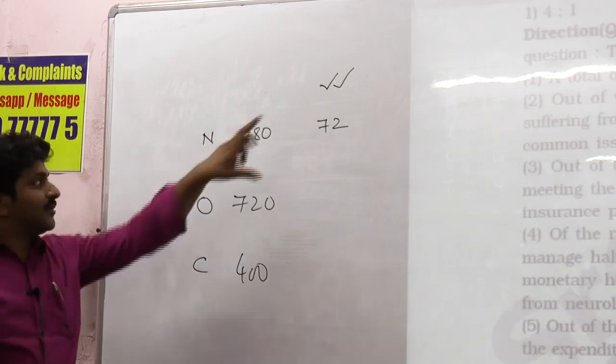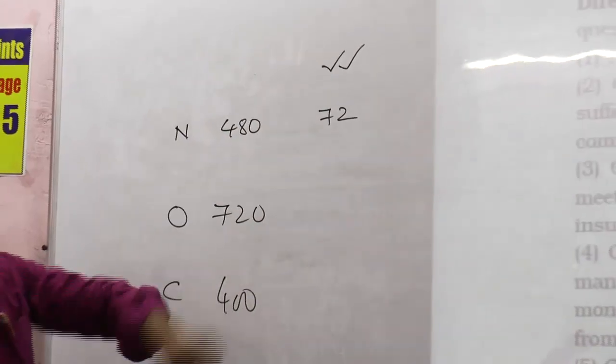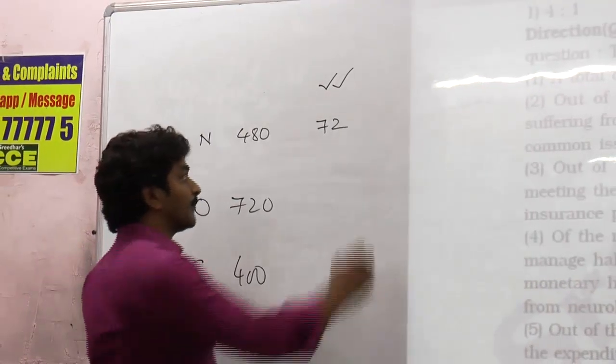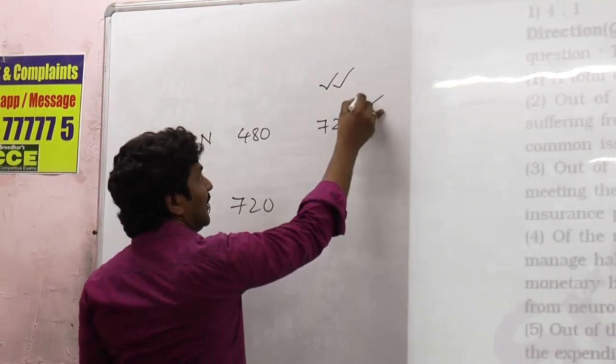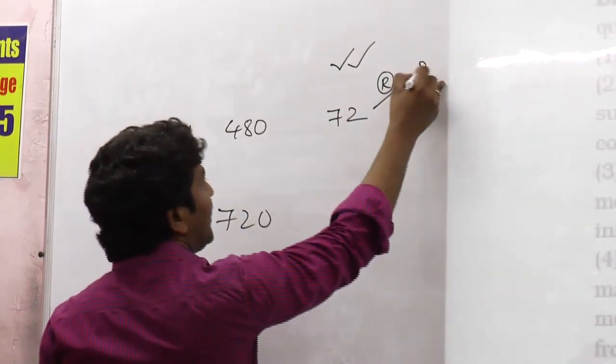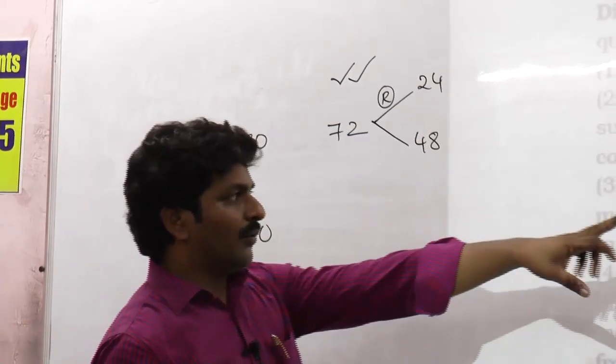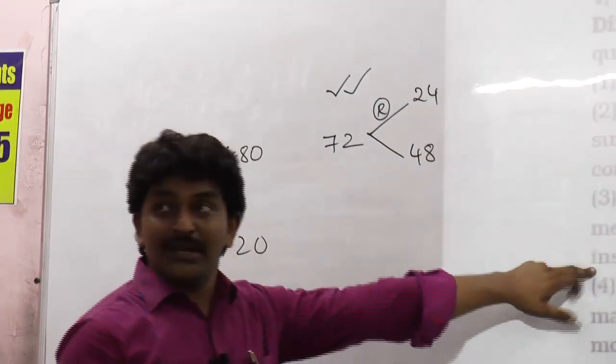Okay? So they are comfortable in paying bills. Out of which 1/3 were rich. Rich candidates, 1/3 of this number, 24. So remaining 48, 1/3 were rich and remaining had insurance policy.